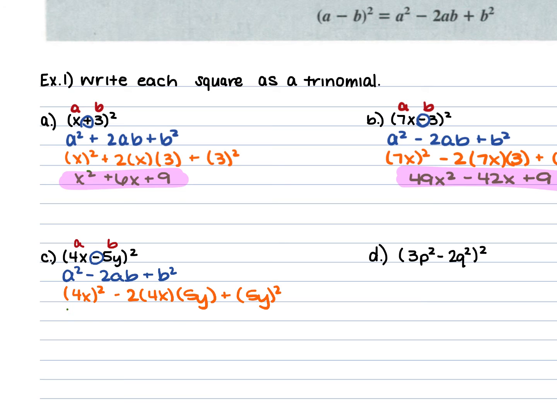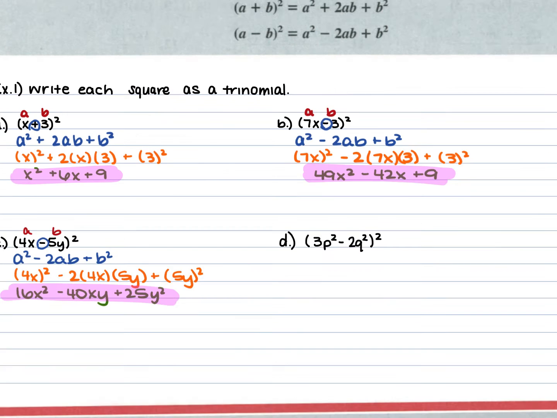The 4x to the second power is 16x squared. Negative 2 times 4x times 5y is going to be a negative 40xy. And then 5y squared is 25y squared. So 16x squared minus 40xy plus 25y squared.